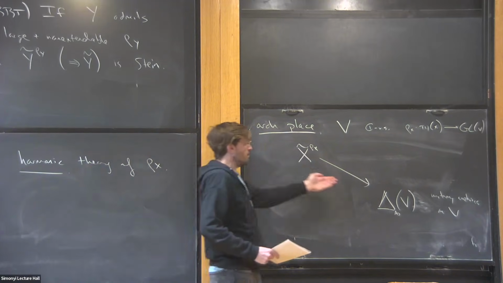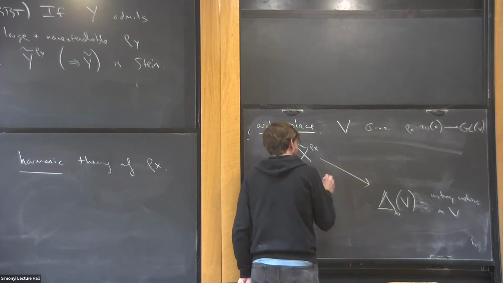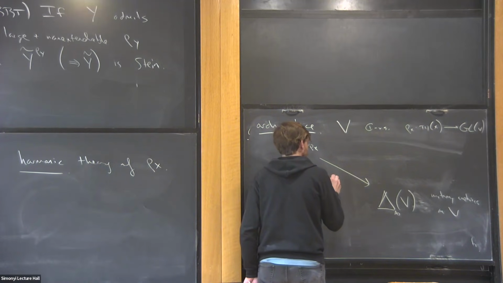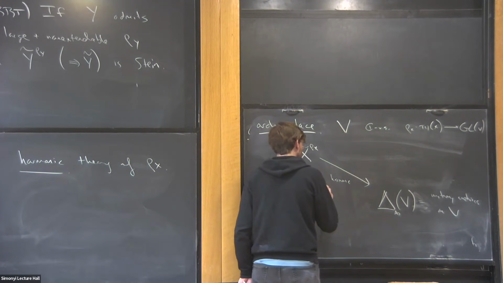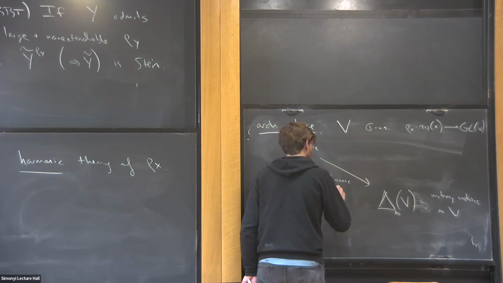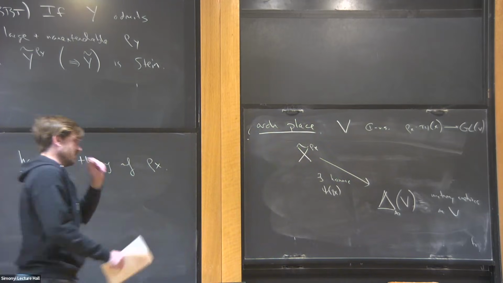And I can ask for this map to be harmonic. In fact, it is a theorem that there exists a harmonic equivariant map, I'll call it ψ_ρ, for any semi-simple representation.